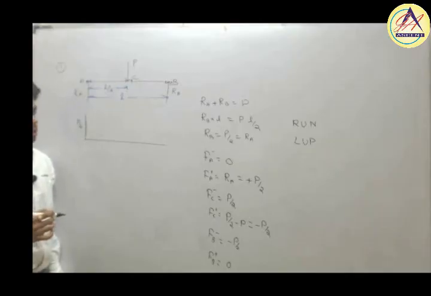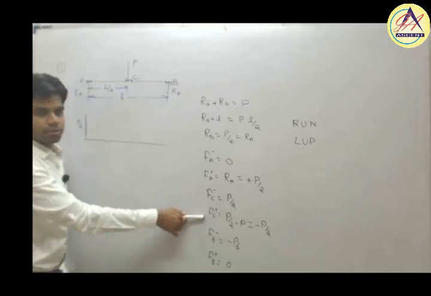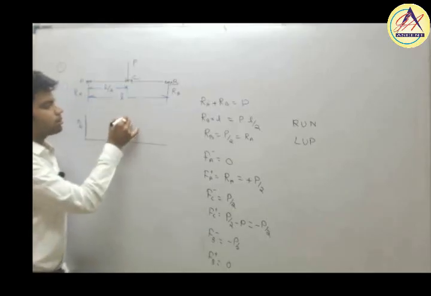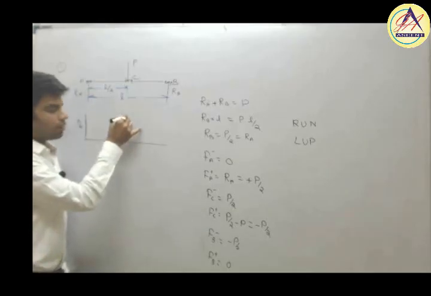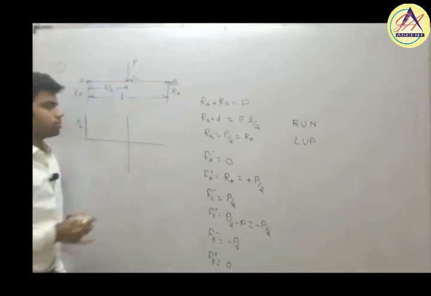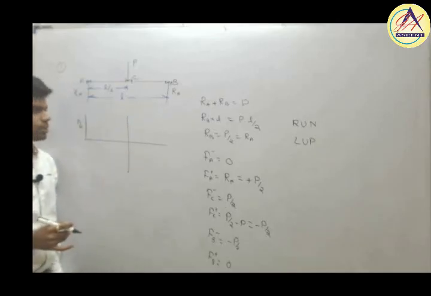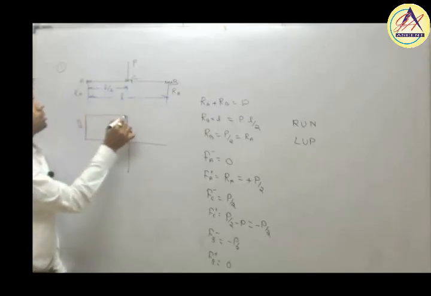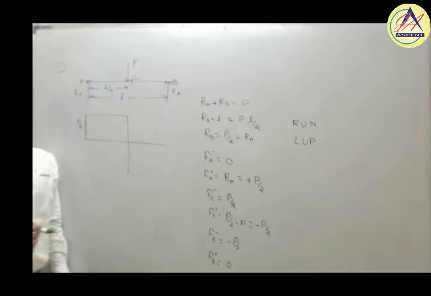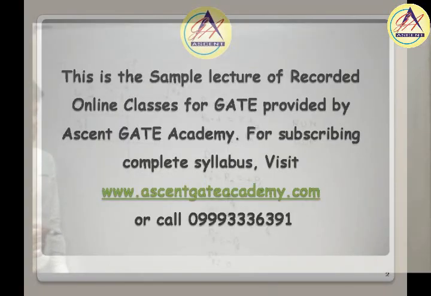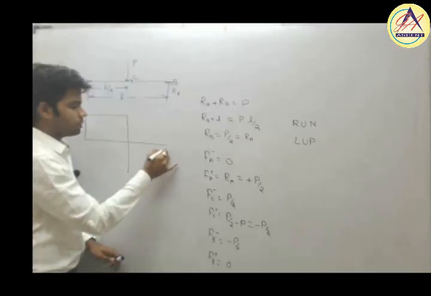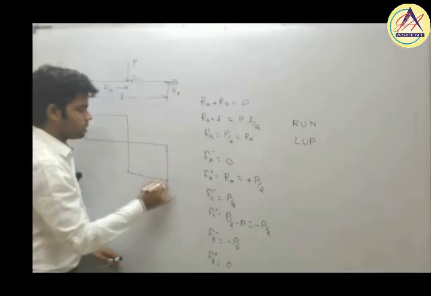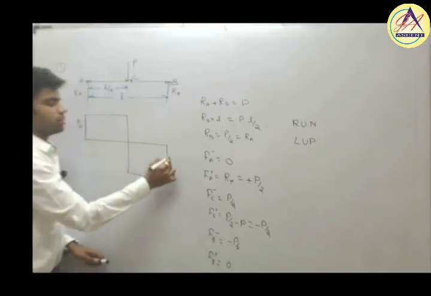Next, Fc minus and Fc plus: Fc minus is plus P by 2 and Fc plus is minus P by 2. Since there is no variation in load, the line joining them will be a horizontal line, a curve of x to the power 0. Similarly, Fb minus is minus P by 2 and Fb plus is again 0, again a horizontal line. This is P by 2.